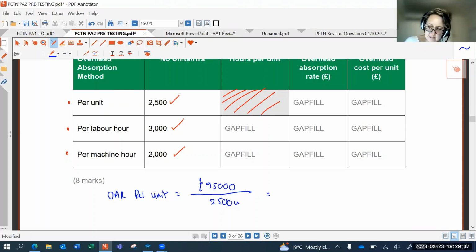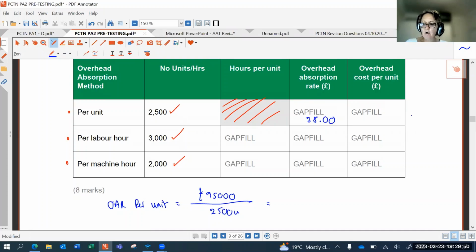So the overhead absorption rate is £38. Let me see if I can squeeze it in somewhere you'll be able to read it a bit better. Let's put it here. So £38, which would mean the cost for 1 unit would be £38. You've already calculated the unit cost, so that's almost like a little trick question. There's nothing more to do. If it costs £38 for a unit, the OAR is 38, and then the cost of a unit is 38. So then that one's done.